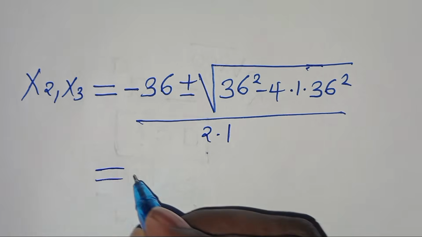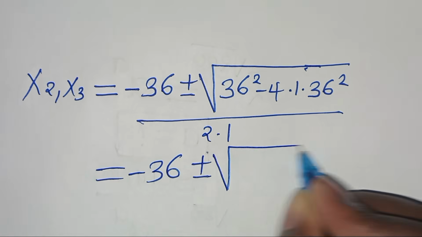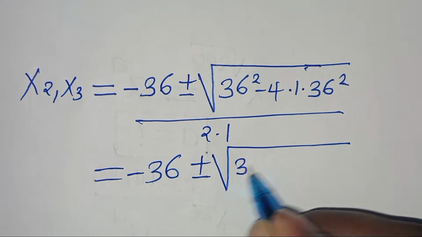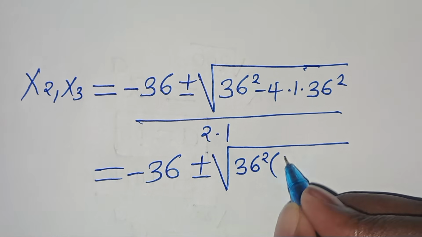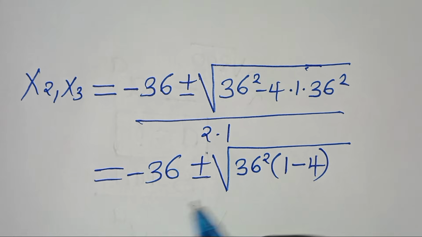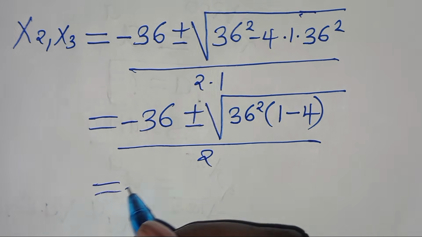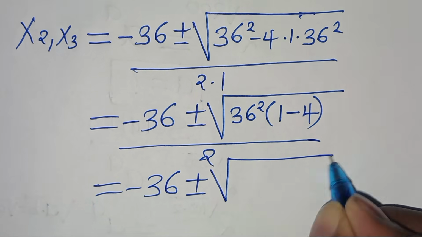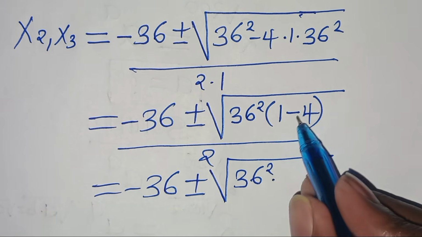Now this is equal to negative 36 plus or minus the square root of, now 36 to the power of 2 is common here. We can factor out 36 to the power of 2 into the parentheses. Here we have 1 minus 4 times 1, this is 4, then divided by 2. So this is equal to negative 36 plus or minus the square root of 36 to the power of 2 multiplied by 1 minus 4.